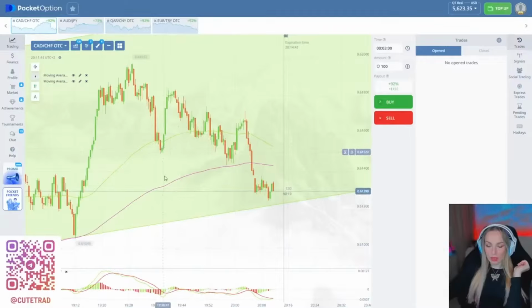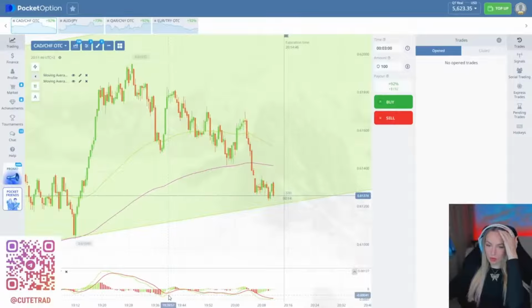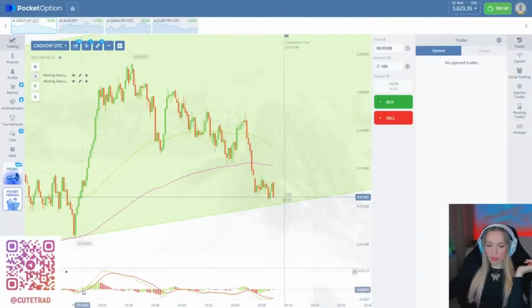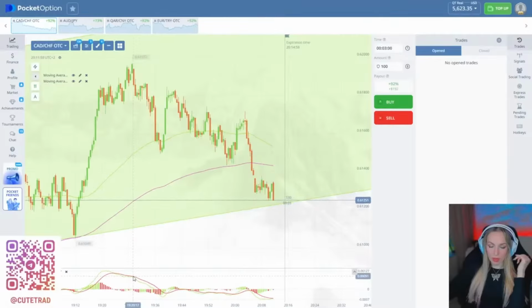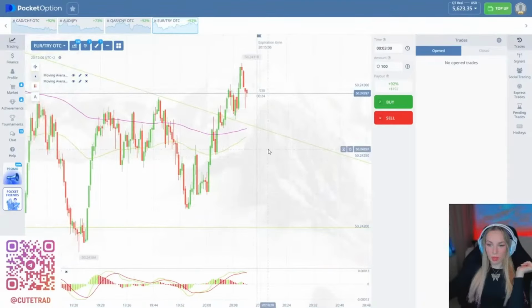Look, the price didn't touch the support, but the signal formed here to open the trade in the upward direction, and it actually went down. But here was a really nice signal to open the trade in the upward direction at 7:13 and at 7:29. I think 5 or even maybe 7 minutes would be nice for this one.